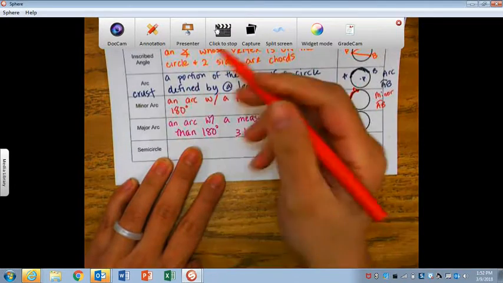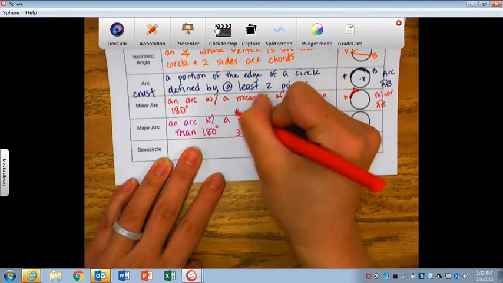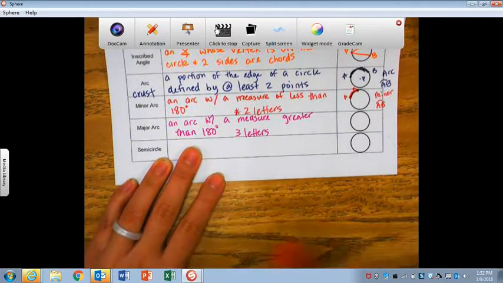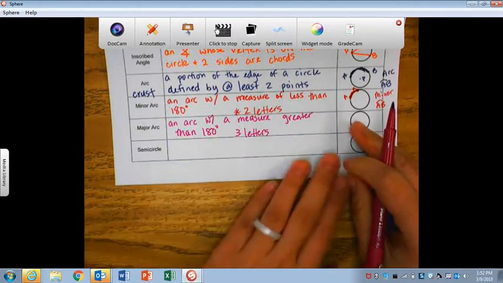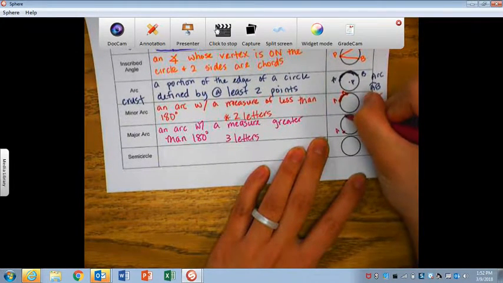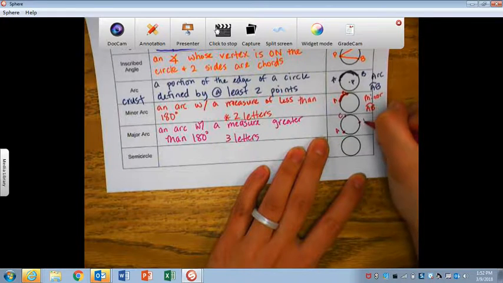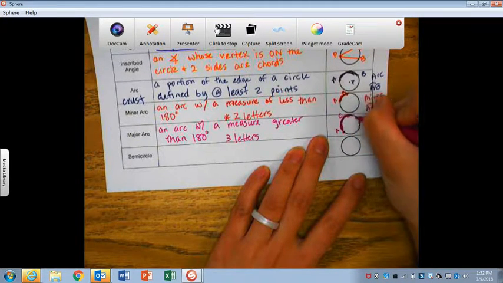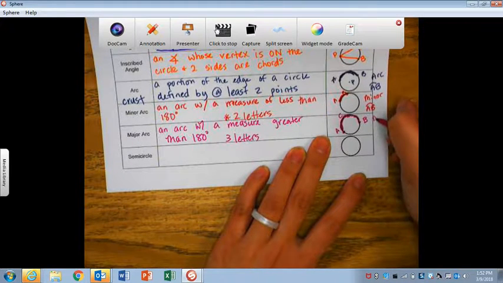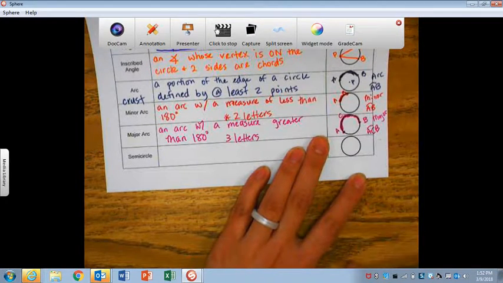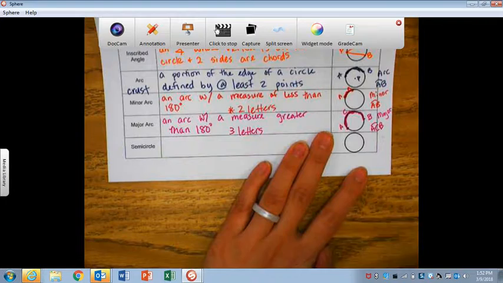This has 2 letters, so you know it's major because it has 3 letters. Here's A, here's C, and then here's B. So it's covering more than 180 degrees. So major arc ACB.